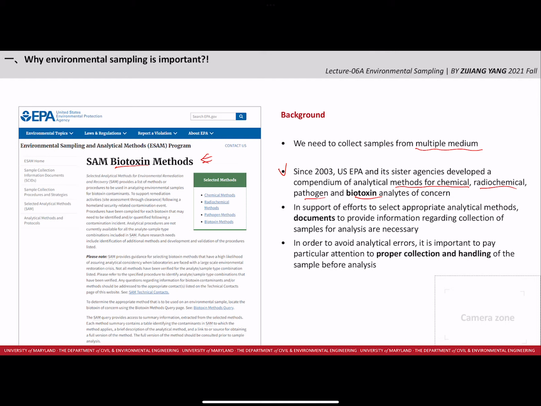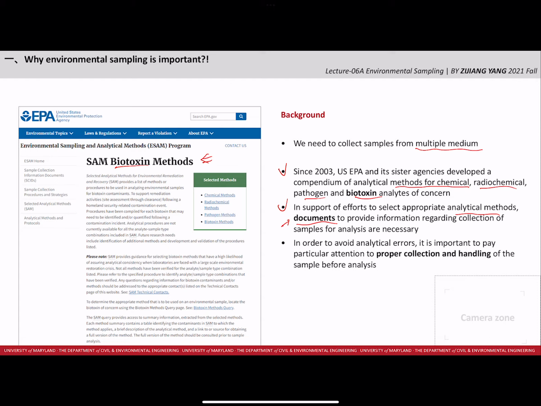As we mentioned in the first class, we have a standard method because we want to make sure when different people do the measurement, we follow the same procedure, so the results can be cross-compared. And in support of the efforts to select appropriate analytical methods, documents providing information regarding collection of samples for analysis are necessary.